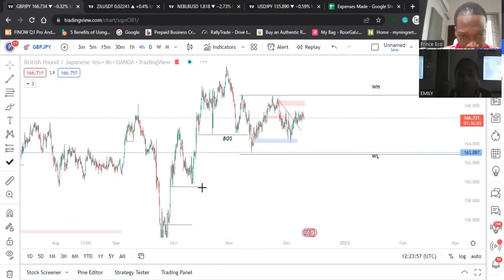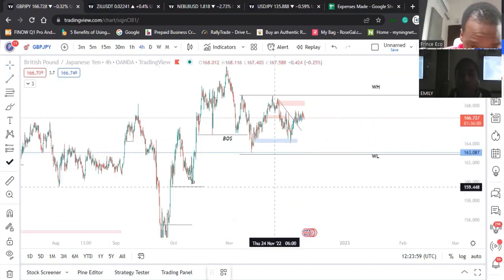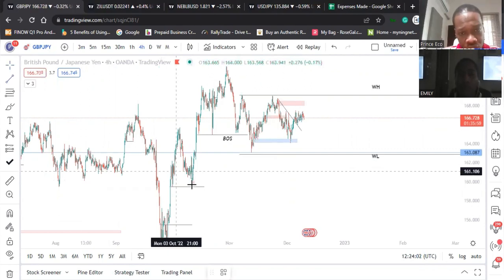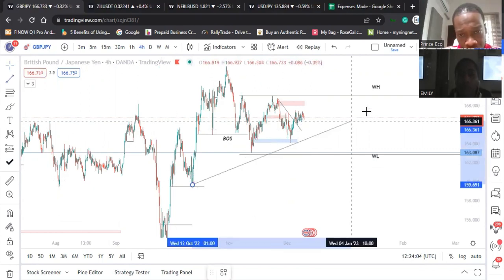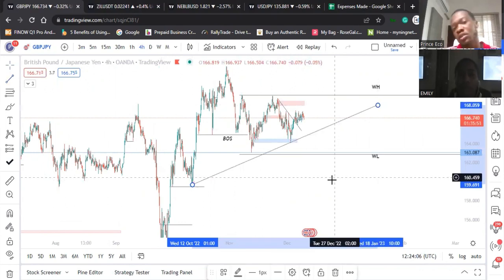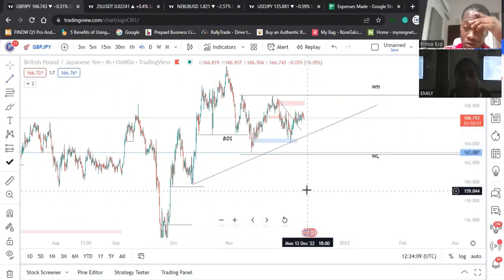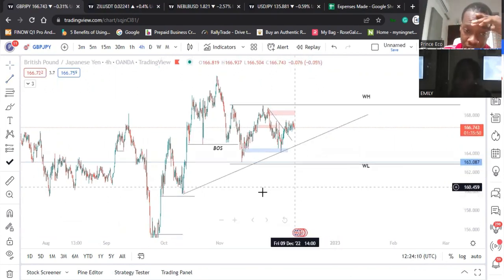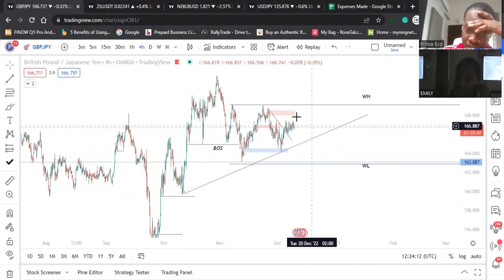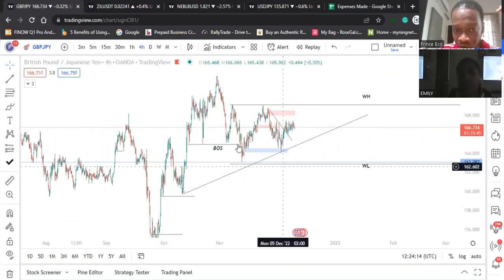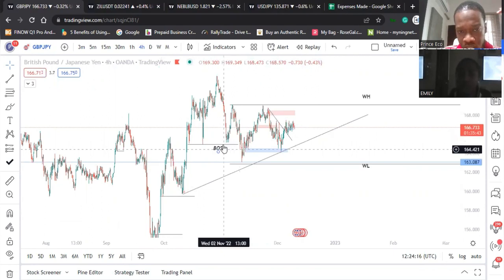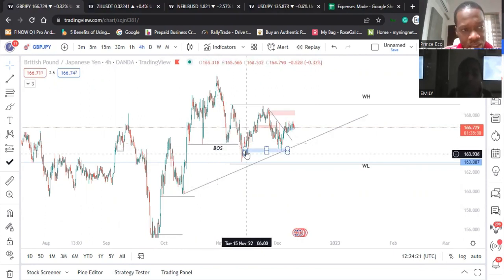If we draw a trend line, this is still an upward trend if you look at it very well. That means the best thing the market can do is either to come and still create. But now, this break of structure is the liquidity swept on this side.